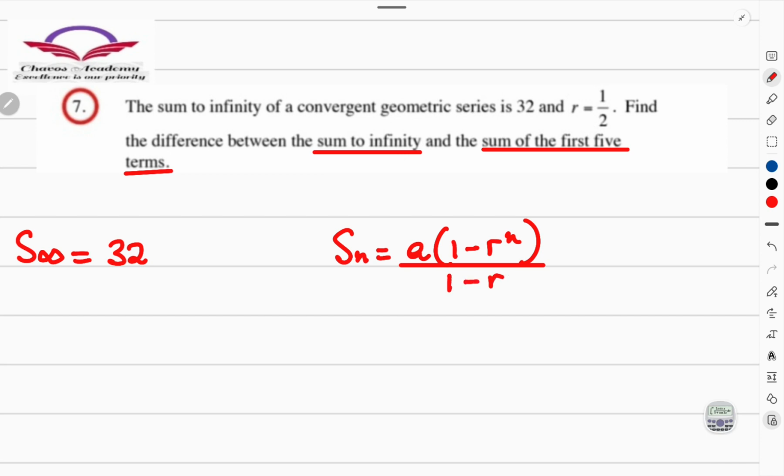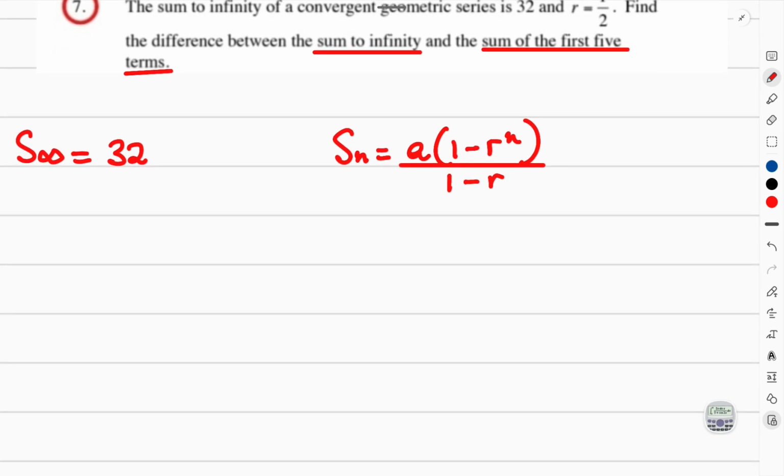So now that we have this, it means r is given, but we do not have a. So let's work from the sum to infinity: a over 1 minus r equals 32.